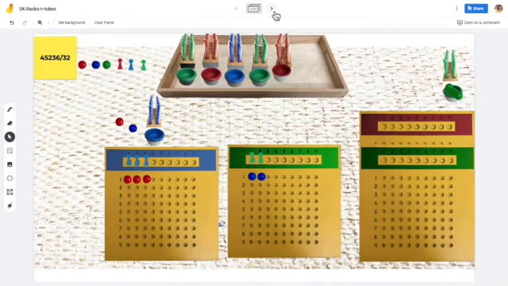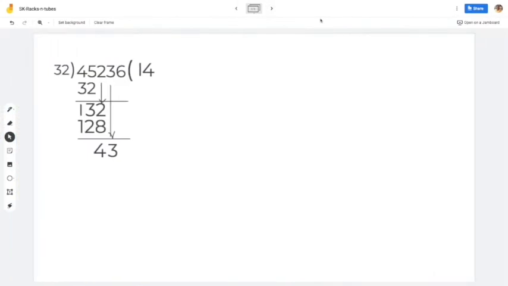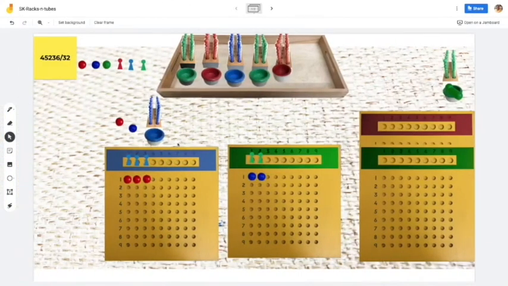So we write it down in the next frame as a quotient 1 next to 4. We have 320 used up on the board, so we write that down in the next frame.